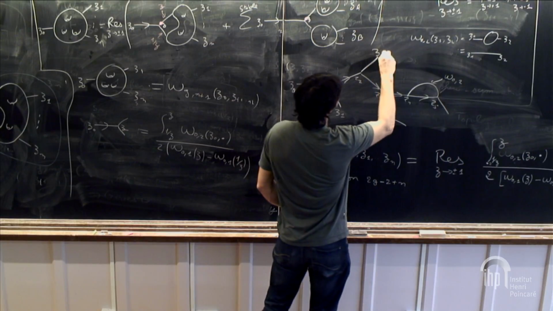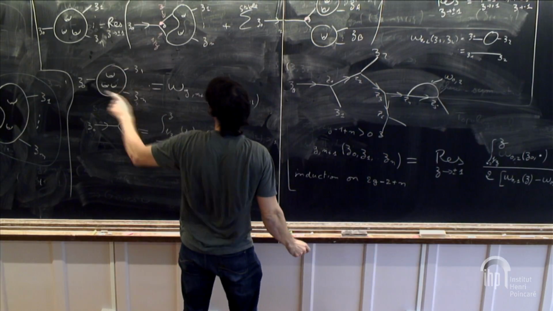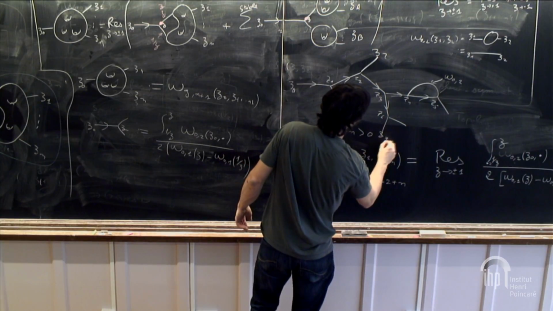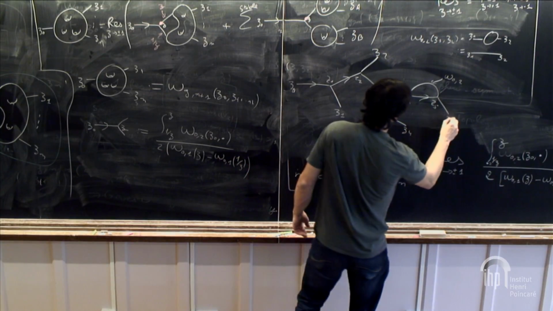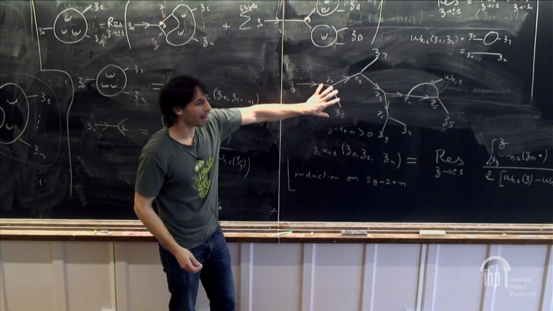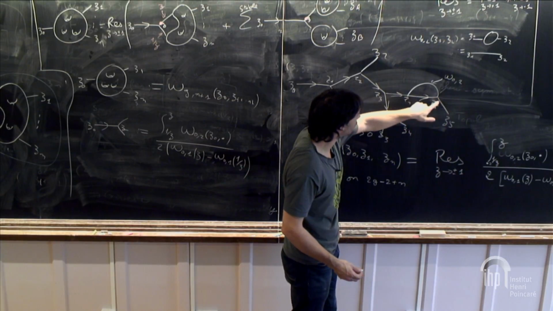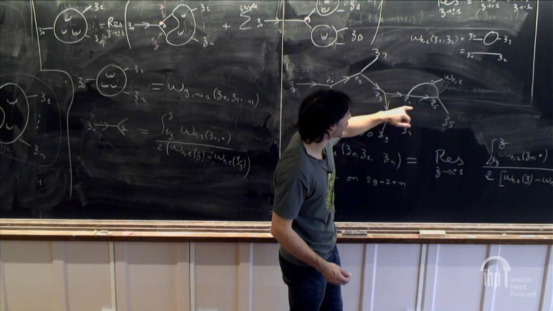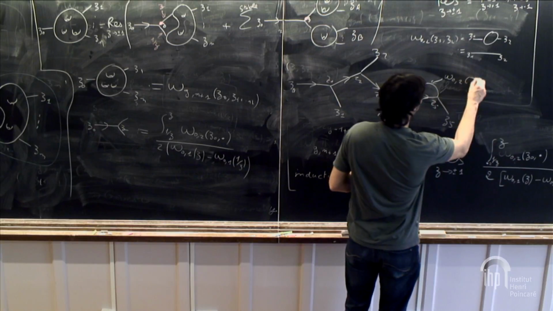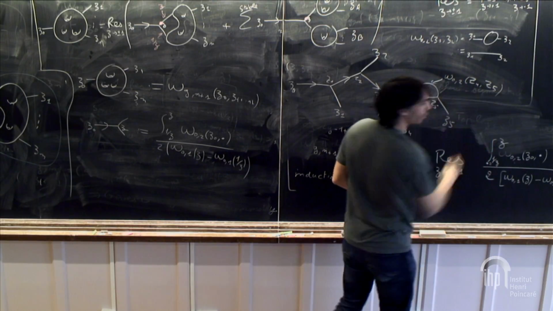So the leaves are labeled by your variable here, Z5. And so the weight associated to such a graph is simply taken in this way. Whenever you've got an edge linking two vertices of type Zi to Zj, you replace it by some omega 0,2.